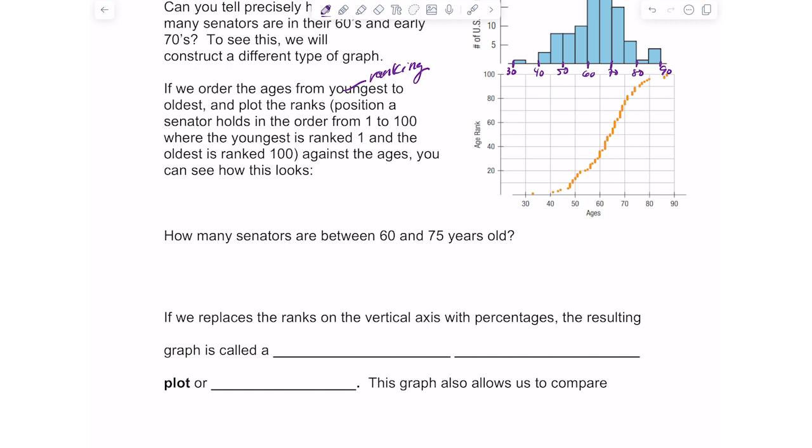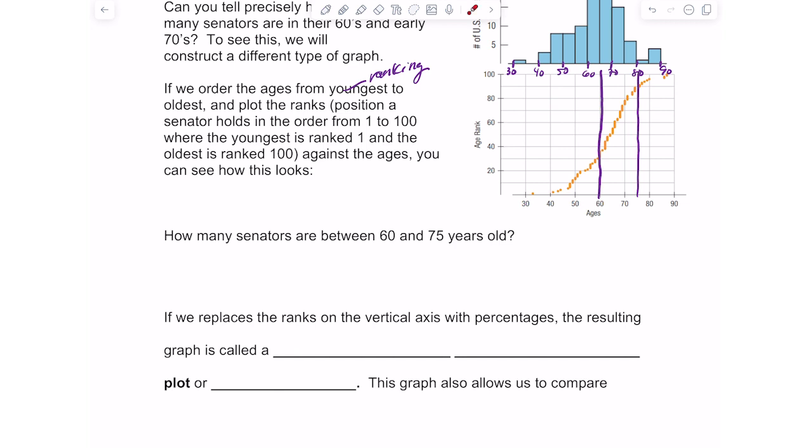Okay. So one way to do this, right? I'm looking for the number of senators between 60 and 75 years old. So kind of like right about there.